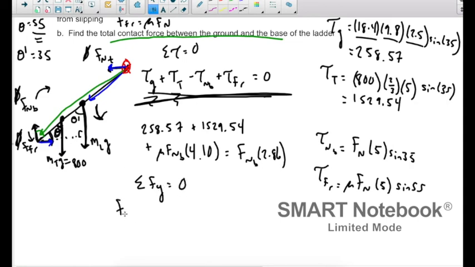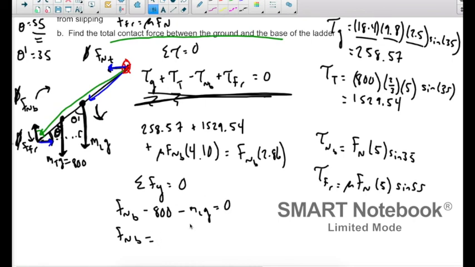So the normal force minus the 800 newton contact force from Throckmorton's weight minus the weight of the ladder, mlg, is going to equal 0. And I can rearrange this and solve, and you guys could have jumped straight to this, recognizing that the normal force is the only one up, so it has to counteract both of these downward forces.